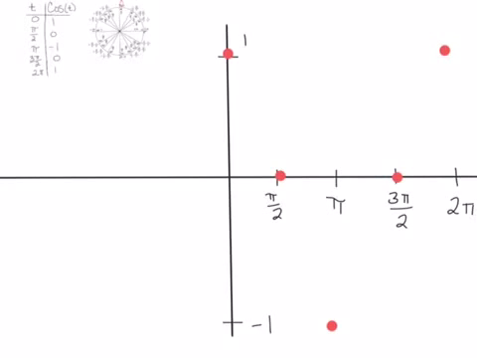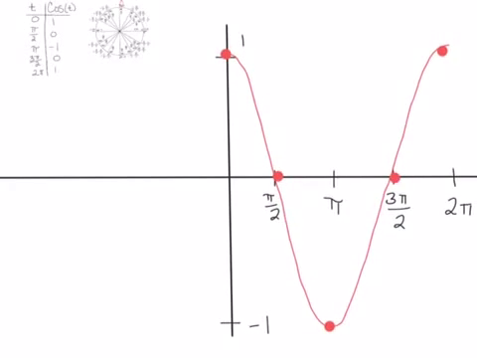If we connect these with a smooth curve, here is what part of our cosine function looks like. We know it won't keep going past positive 1 because that's the biggest that the cosine function can be.